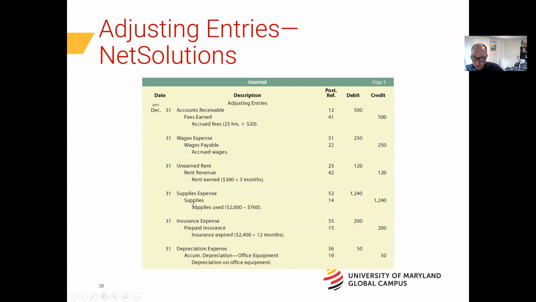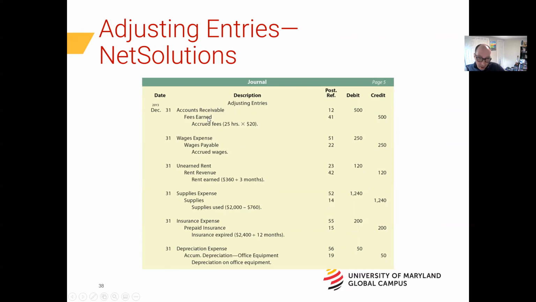Oftentimes in practice, businesses make all of these adjusting entries at the end of the accounting period or at the end of each month. These reflect those accounts that have been adjusted based off of their consumption and recognition of revenue.